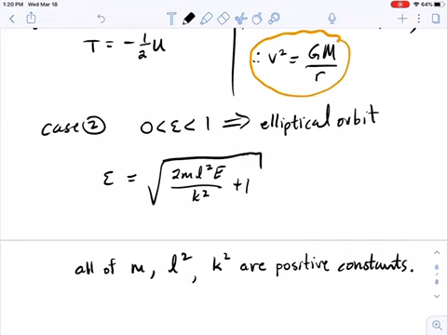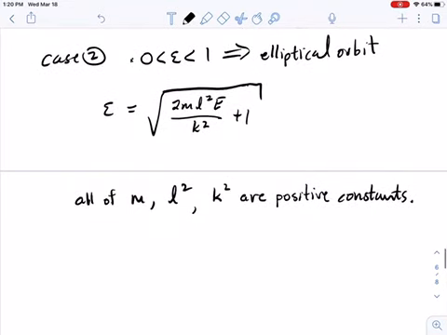If E was positive, we would have a product of a whole bunch of positive things plus 1, and when we take the square root, we'd get something bigger than 1. And that would violate the requirement for the elliptical orbit. So it must be that E has to be negative in order to satisfy this condition.